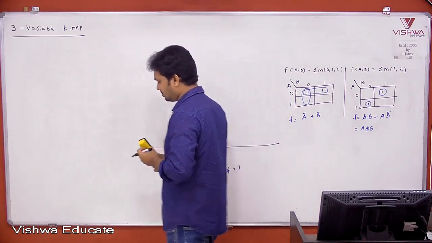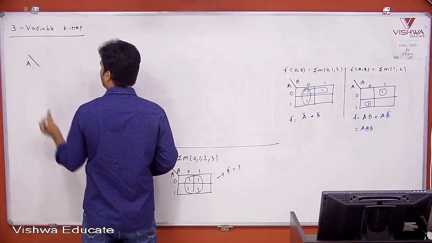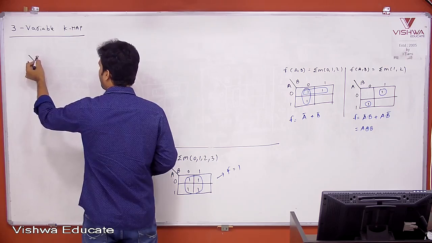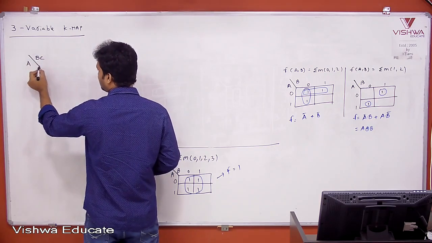See here. This is the structure of a three variable K-map. You can take AB on one side and C on one side, or A on one side and BC on one side, your wish.